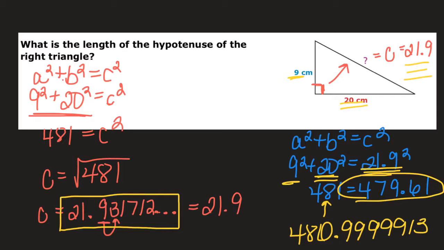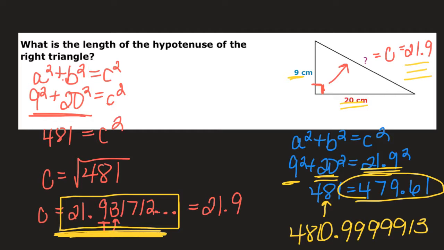If I'm nervous and I truly need to check this because I'm not sure if I'm right, I'm going to want to go back over here to this long irrational decimal. And we'll learn what an irrational number is in the next chapter. But I'll need to go back over here to this long, more accurate decimal. 21.9 is a good representation of this decimal that I got, but it is not exact.